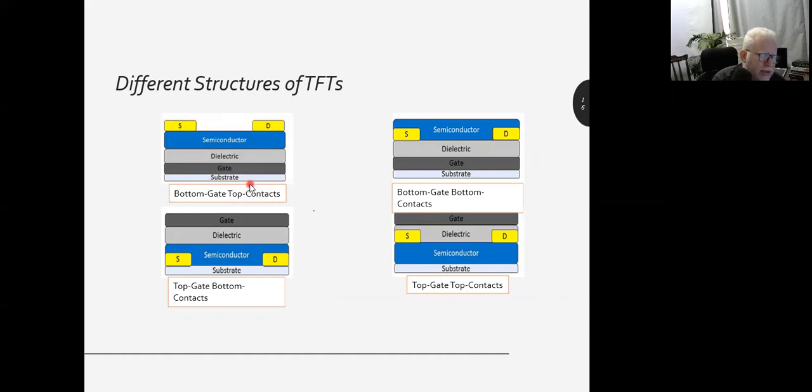That's because the gate is in the bottom, as you can see, and the contact, which is the source and drain, are in the top. Here we have a bottom gate, bottom contact, all in the bottom. Here we have a top gate, bottom contact, the gate in the top and the contact in the bottom. And finally, we have a top gate, top contact, which is everything in the top. So you can demonstrate different structures of these TFTs based on the contact and the gate.